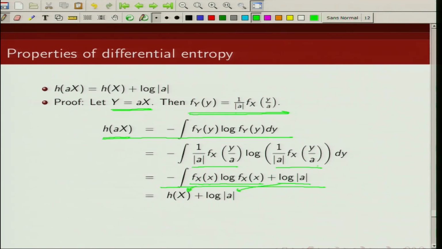So the effect of scaling is as follows: the differential entropy of a of x is differential entropy of x plus log of absolute value of a.